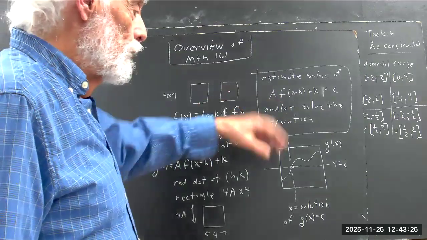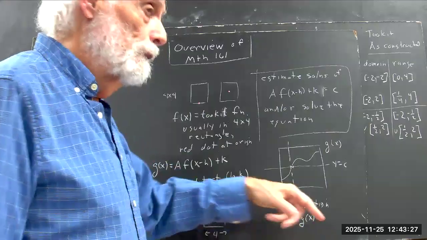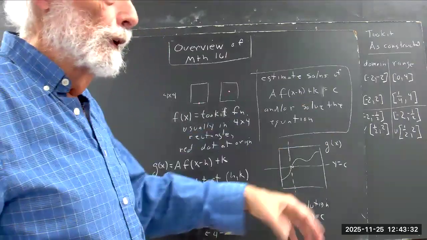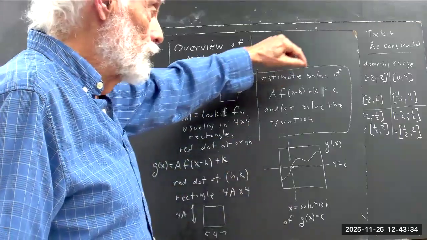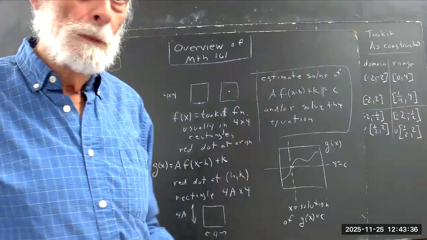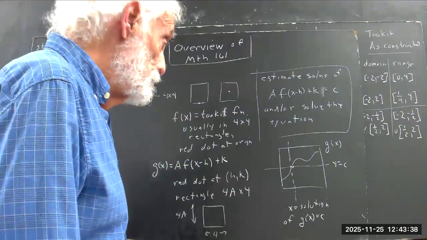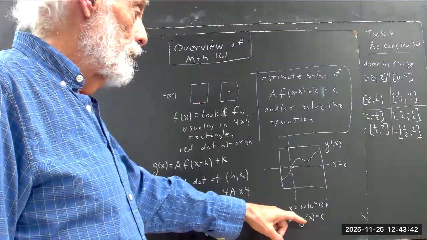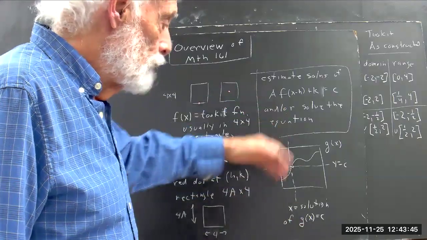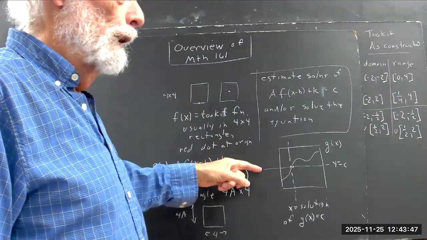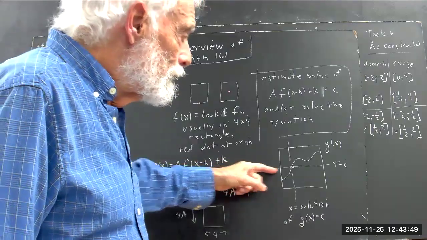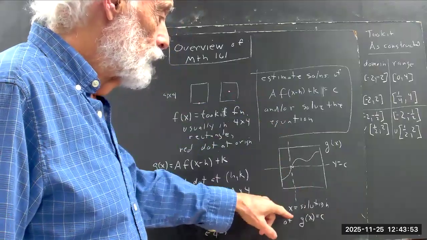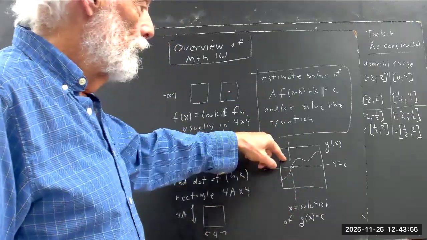So if we've got an equation, g of x equals c, whatever g of x happens to be, a lot of times in this course, and what we're going to address today, it's an a f of x minus h plus k function. You can see if you have a reasonably accurate graph, you can draw the line where y equals c and estimate the value of x. That value is going to be the solution.